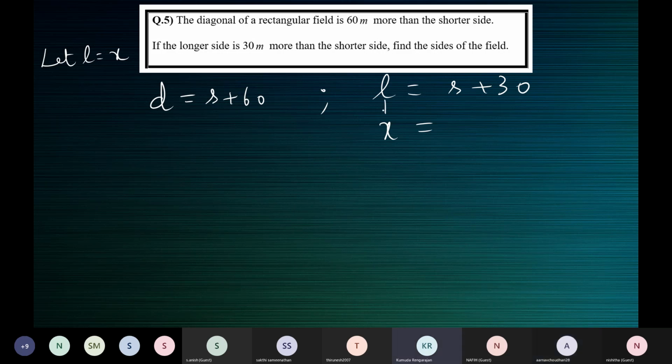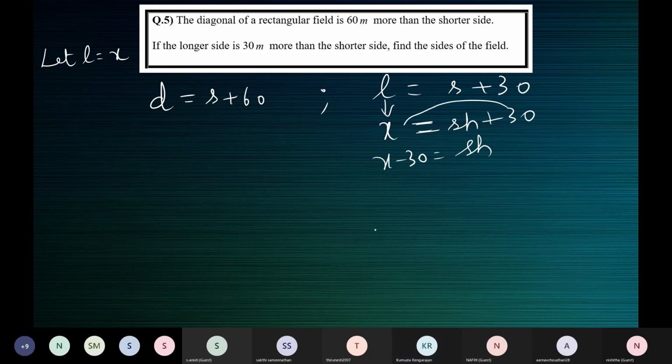If longer side is x, then x minus 30 is the shorter side. No, let me just write this. So x is equal to shorter side plus 30. So the shorter side will be x minus 30, correct?